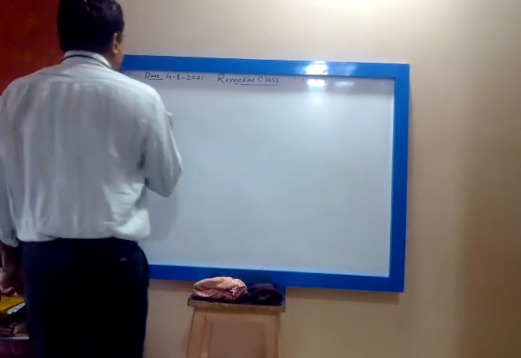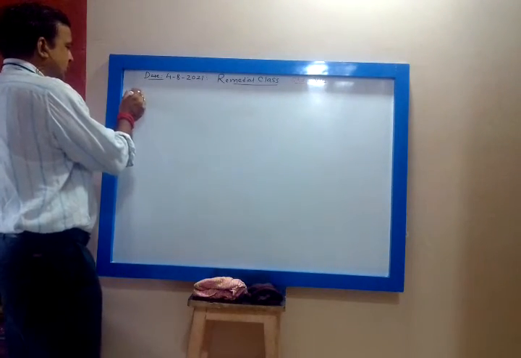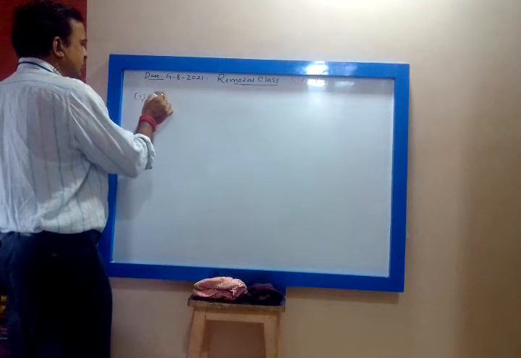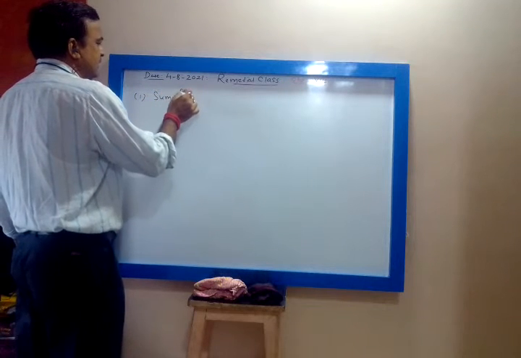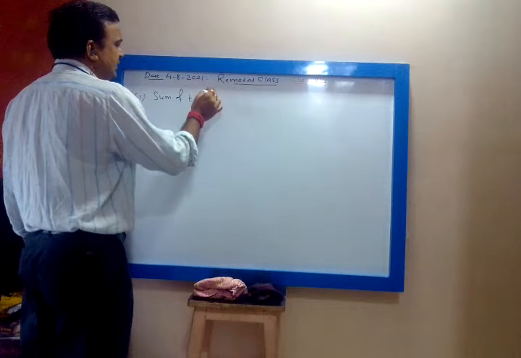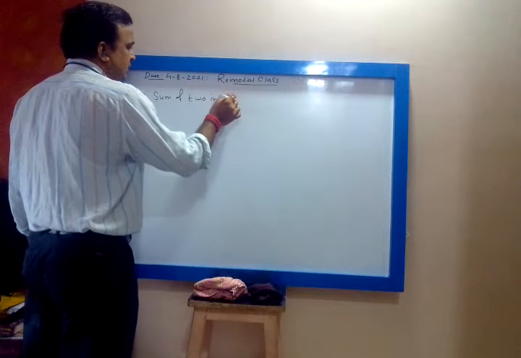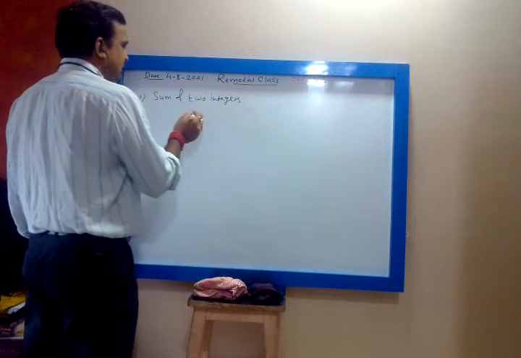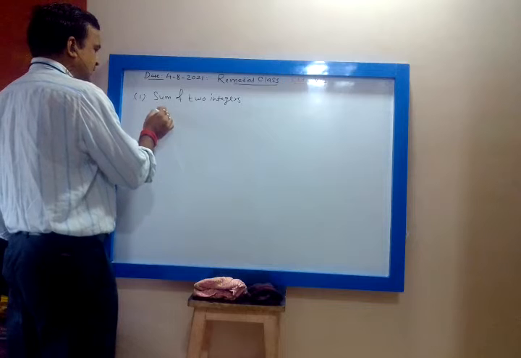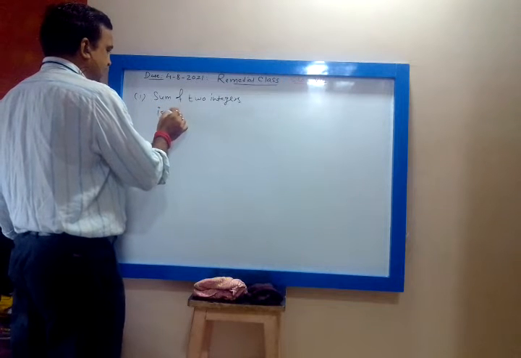So now solve a few more problems. Solve this. Sum of two integers is minus 78.